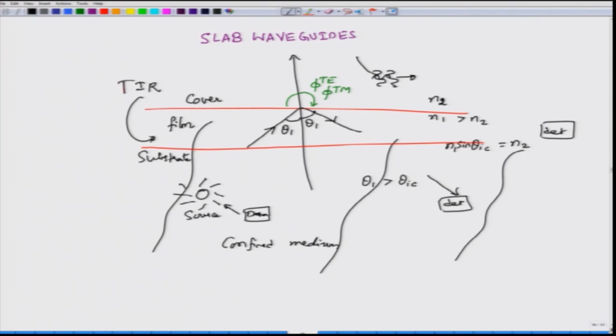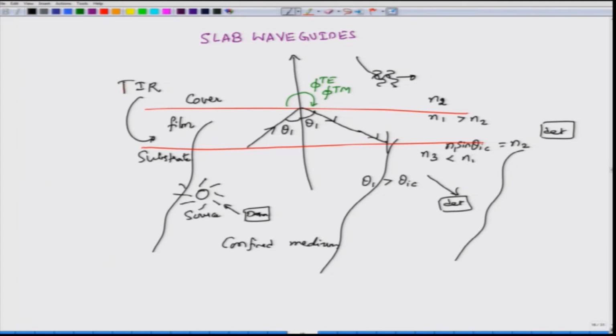Here we have seen that the cover has a lower refractive index than the film layer, and if the substrate had a refractive index greater than N1, that is of the film, then light when incident at this interface would have partial reflection and partial transmission, and after a few such back and forth reflections, the amplitude of light would actually go down to 0, because at every reflection it would start losing light. To avoid that, the refractive index N3 of the substrate is also chosen to be less than N1.